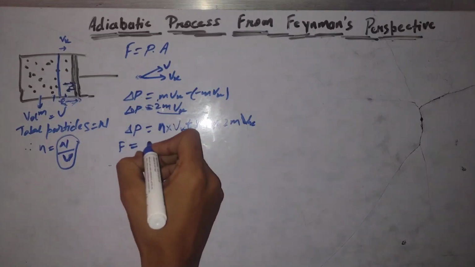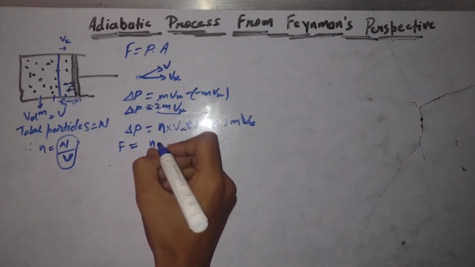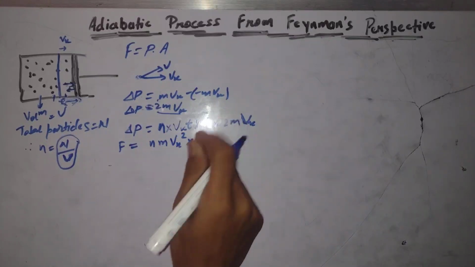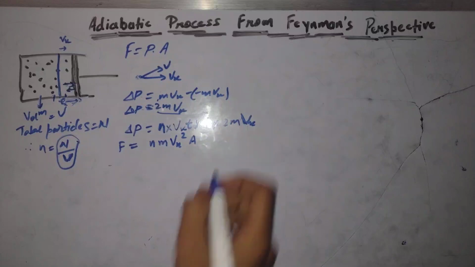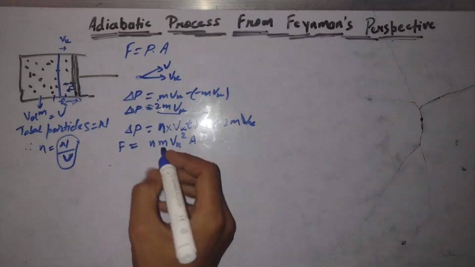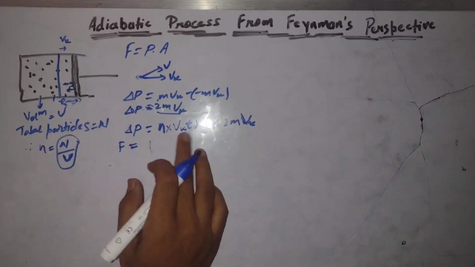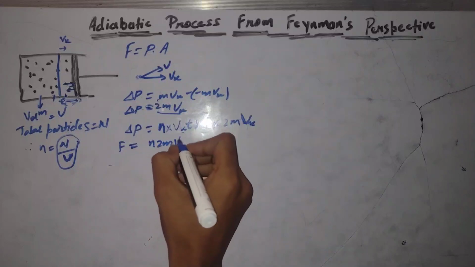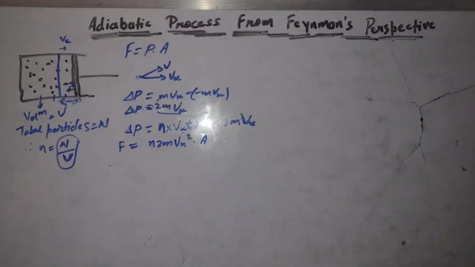Yes, so time would be cancelled, so this would be n m into vx square into A. Okay, this will be the force. I think I'm not missing anything. No, there is an extra 2 here, so let me write that. n into 2m vx square into A. Okay, that's the force by which the piston is getting bombarded per second.